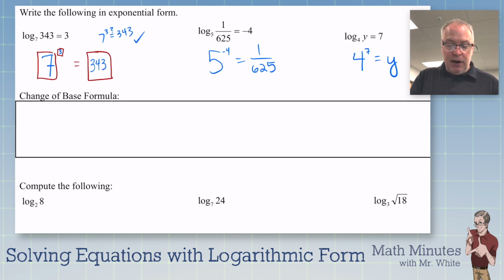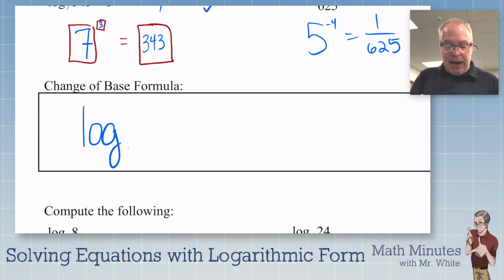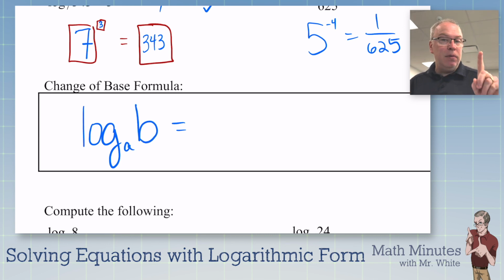All right, so there is a way to type logarithms into the calculator. Here's how it works. Log base a of b is the same thing. By the way, most calculators can't do log base 2, log base 3, log base 4. They can do two things. They can do log base 10, which is the plain old log, and then they can also do a thing called the natural log.